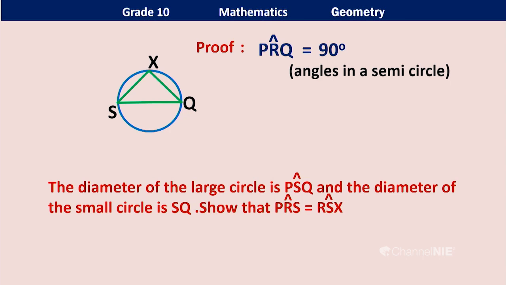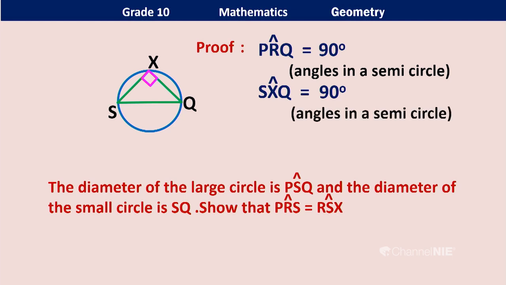Therefore, the magnitude of the angle SXQ is 90 degrees. Therefore, we can say angle SXQ is equal to 90 degrees. Once again, you have to mention the reason, that is angles in a semicircle.